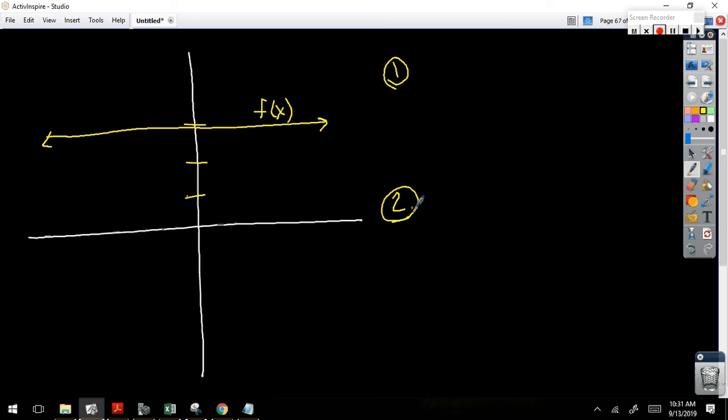It's not a typical function. F of x is a constant, it just has a slope of 0.